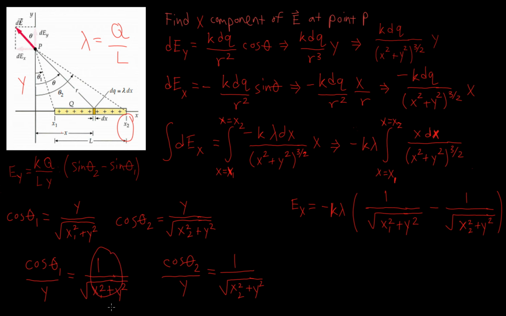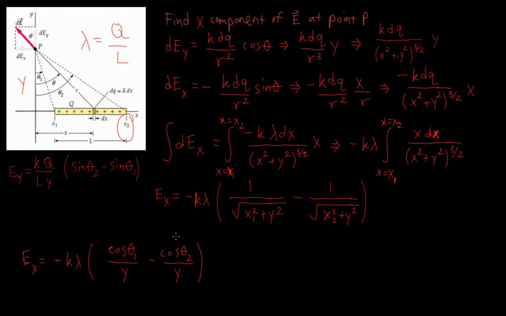This expression right here matches this expression, and this expression right here matches this expression. So we could easily substitute in the cosine of theta 1 divided by y into this expression, and we can substitute in cosine of theta 2 divided by y for this expression. And that would further simplify down this entire expression.